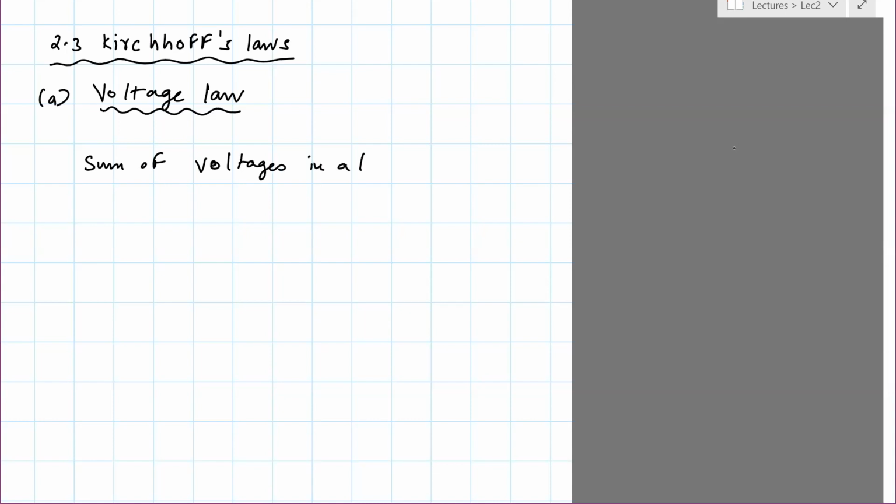In other words, it will be summation i equals 1 to n, Vi equals 0, where Vi are the individual voltages.